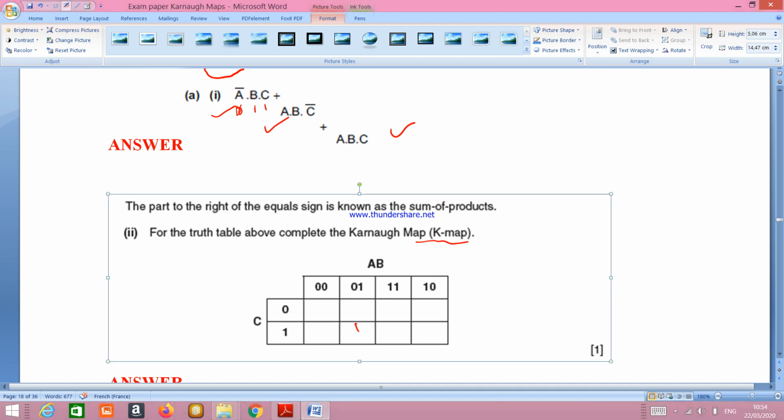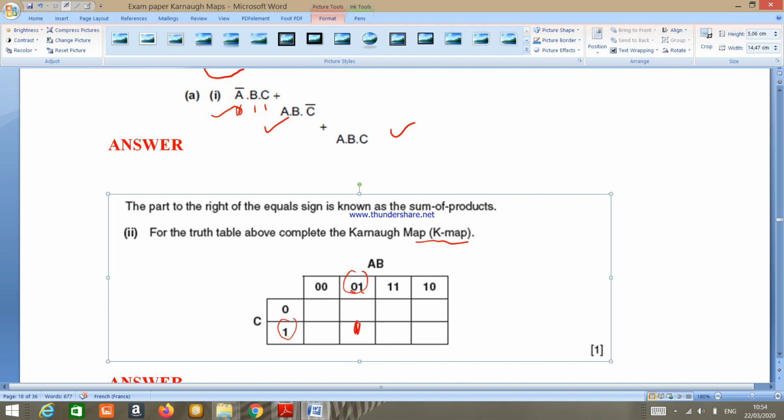So again, A is 0, B is 1, and C is 1. Okay, so we put a 1 here.